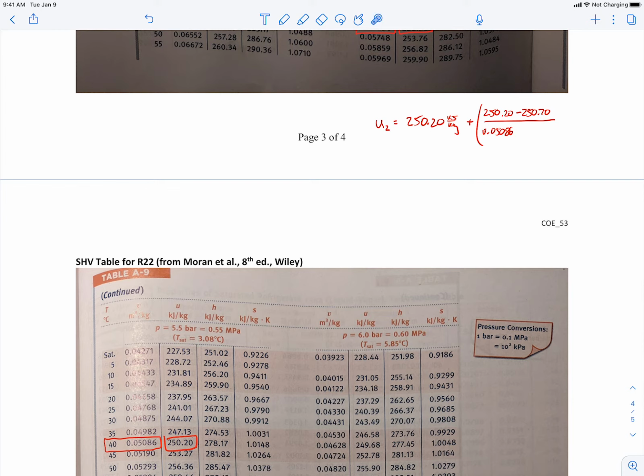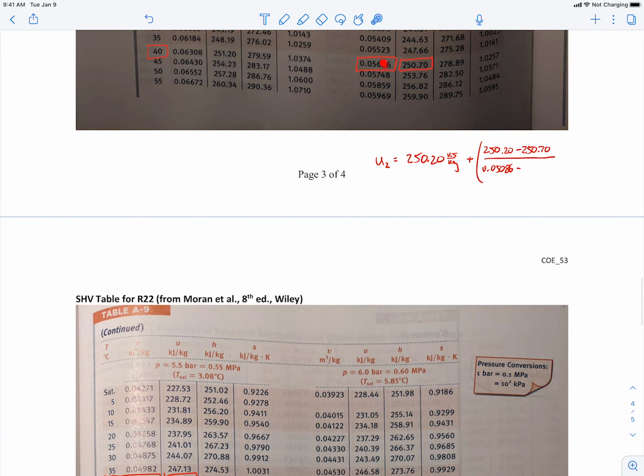0.05086. It's the specific volume down here corresponding to 250.2, minus this one up here, which corresponds to the 250.7, 0.05636 cubic meters per kilogram. This is kilojoules per kilogram. So that's the slope.